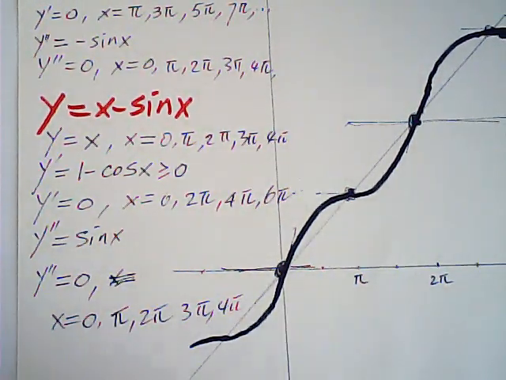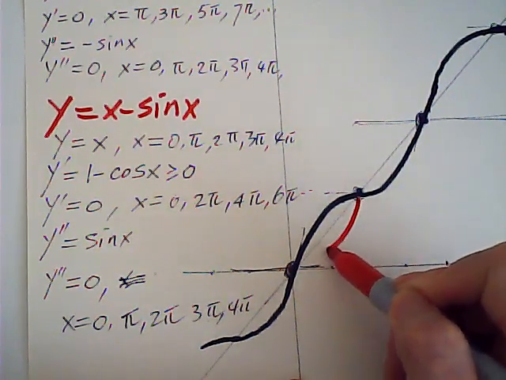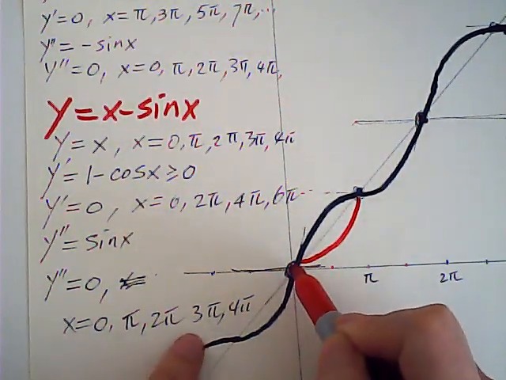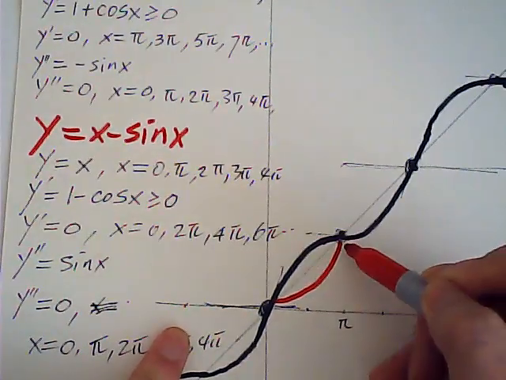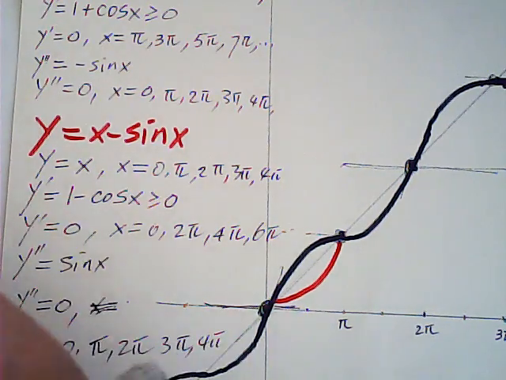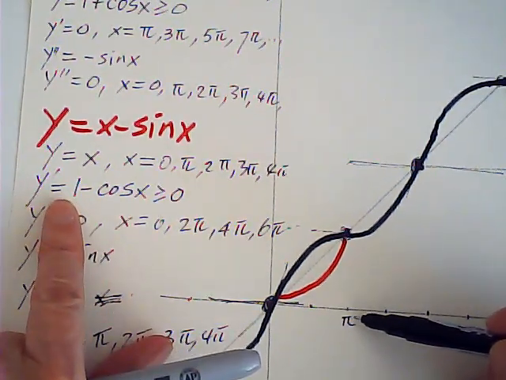So by considering these, we can sketch the curve. At 0, the slope of the tangent is 0. At this one, at pi, the derivative will be equal to 2.